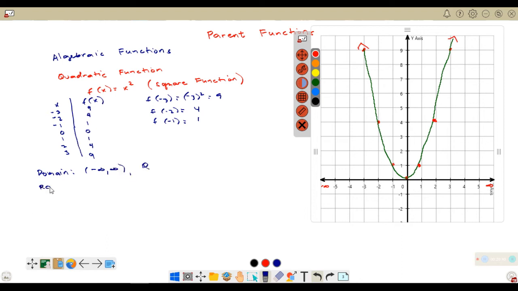But let's look at the range. So look at the values for the range. What will happen to your square function? If you substitute negative values, you will always end up with a positive value for f of x. If you input 0, you will end up with 0.